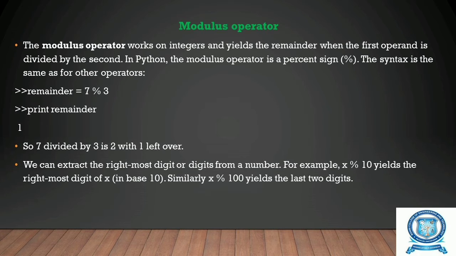This will be used in programming. When numbers are applied with the modulus operator, in the case of 10 it will retrieve the last 1 digit, and in the case of 100, it will retrieve the last 2 digits.